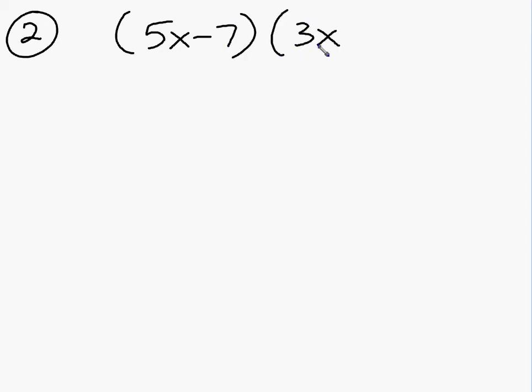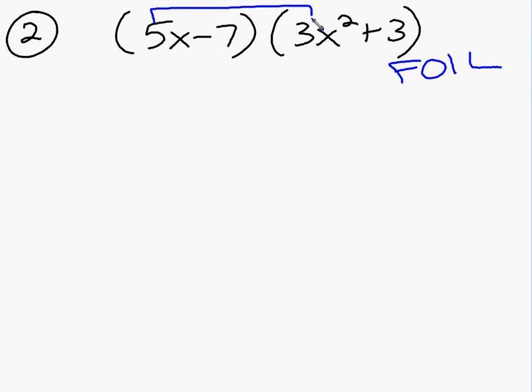The next one is one you should know very well. What if you see a binomial times another binomial? Two terms added together times another two terms added together. Well, you know this one. We're going to use FOIL. All right? So we multiply the first terms together. 5x times 3x squared is 15x cubed.